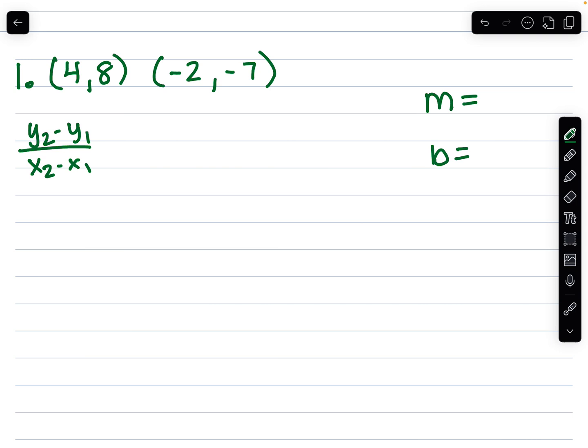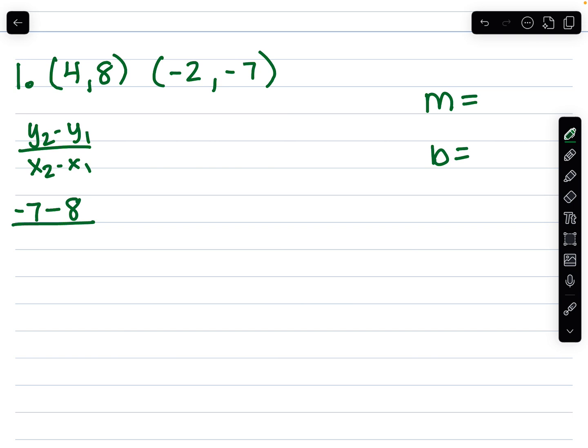So, Sebastian, what's my y2? -7. Okay. And what would I subtract from that? What's my y1? 8. Good. Okay, and on the bottom, Evan, what's my x2? 8.